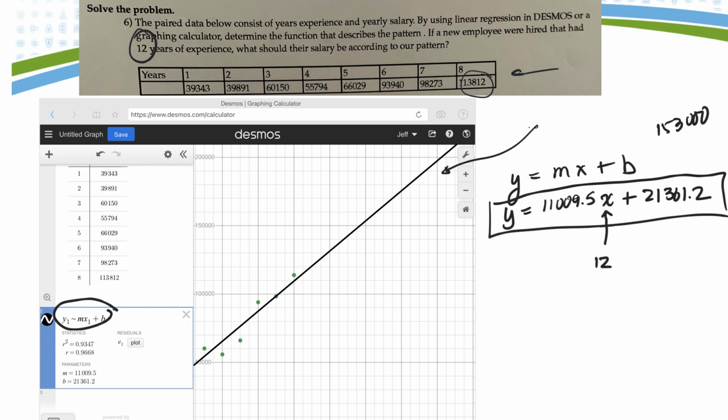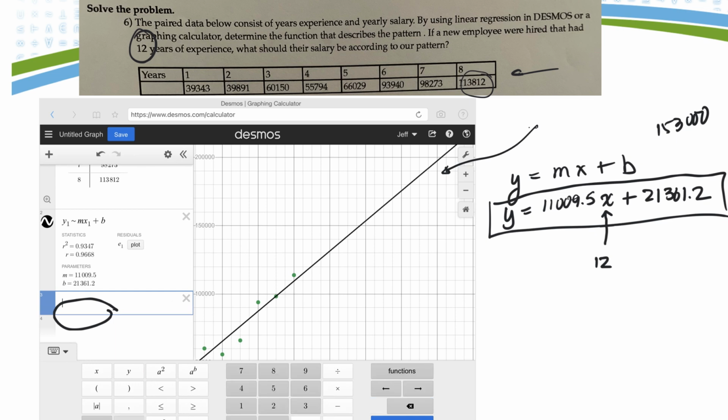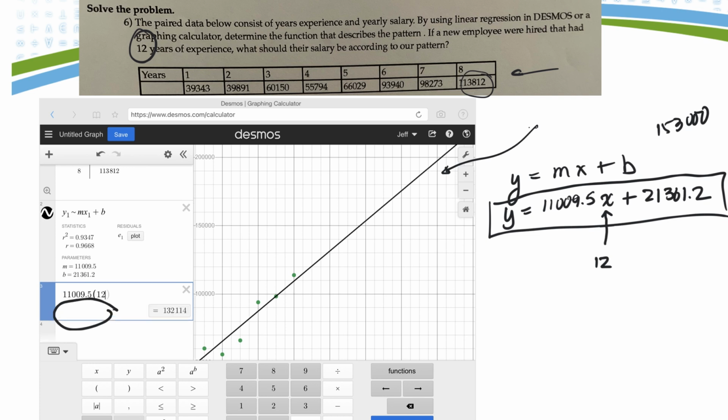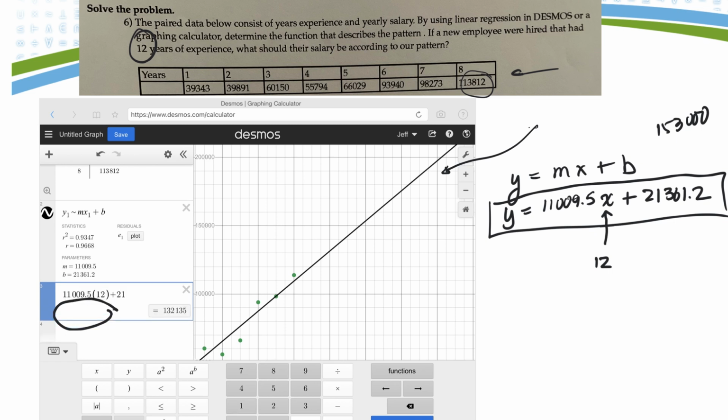But I can also do it with the calculator in Desmos. So I'll come down here and I'll type out 11,009.5 bracket X, they want us to put a 12 in for there, bracket, and then plus 21,361.2.